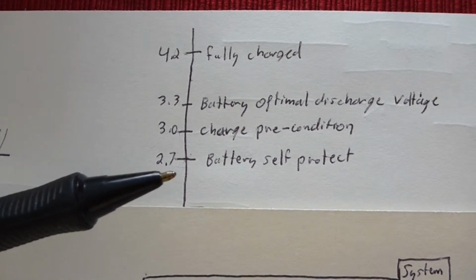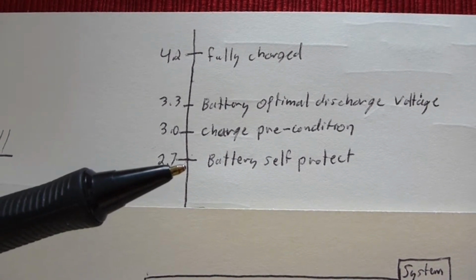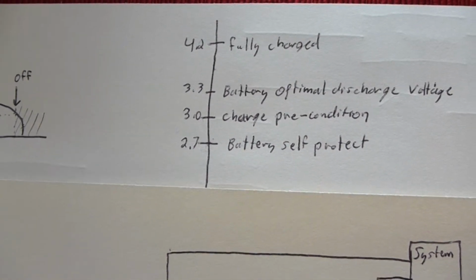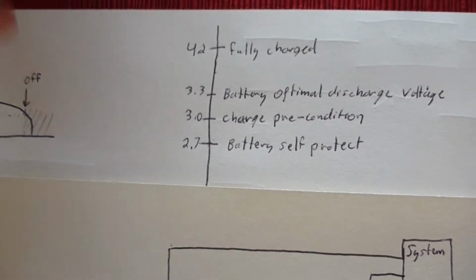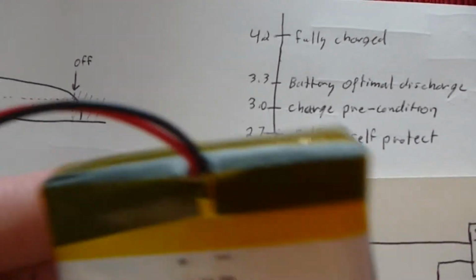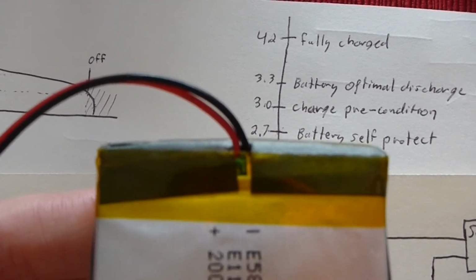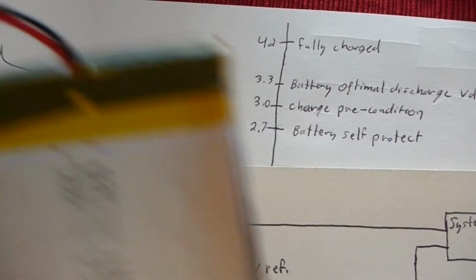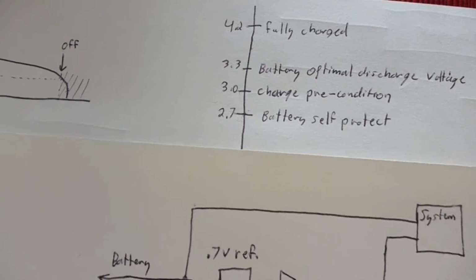And again, we can't rely on the battery's own circuitry at 2.7 volts because it will be too low and will already be in that preconditioned state. You can see in the battery here there's a little circuit board in there. That's actually the internal circuitry in the battery. So this is a high quality battery from SparkPhone.